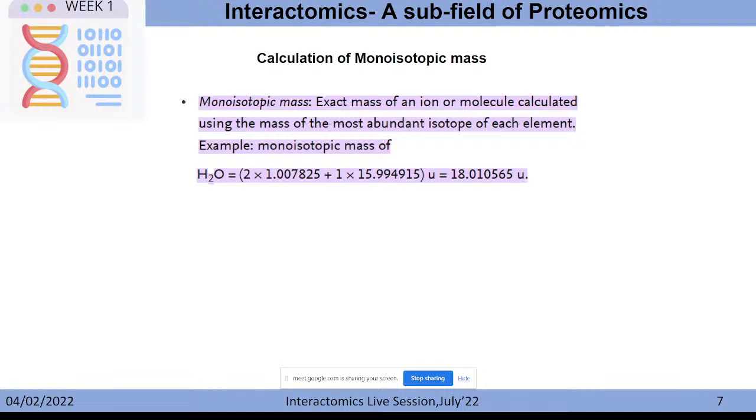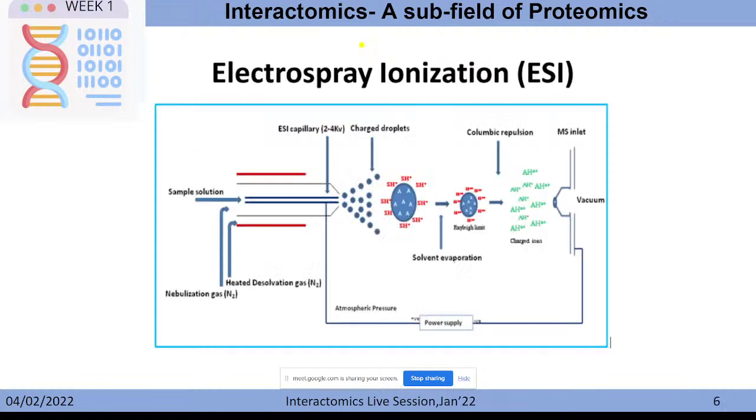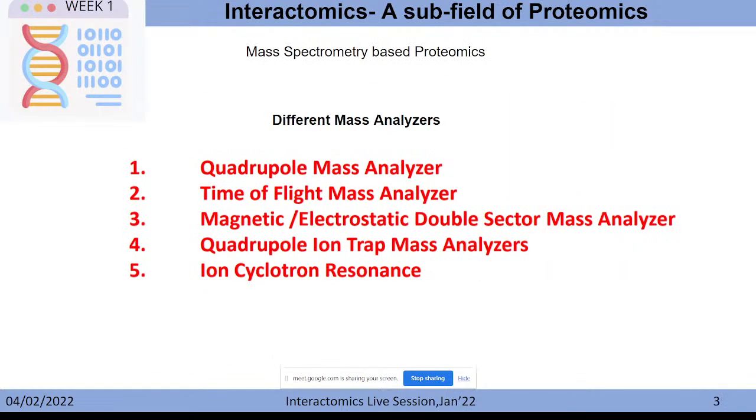Before that, you can understand that proteomics went through different stages of evolution, firstly gel based, and then mass spectrometry based. Mass spectrometers help you in identification of those proteins or peptides which are getting affected in diseases. For the basics of the mass spectrometer, these are the different mass analyzers: quadrupole, time of flight, and ion trap.